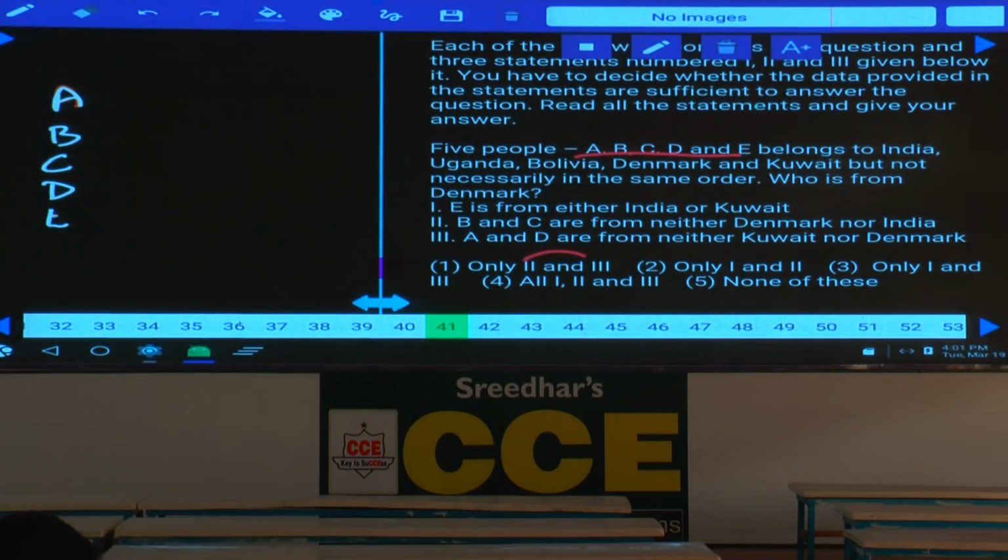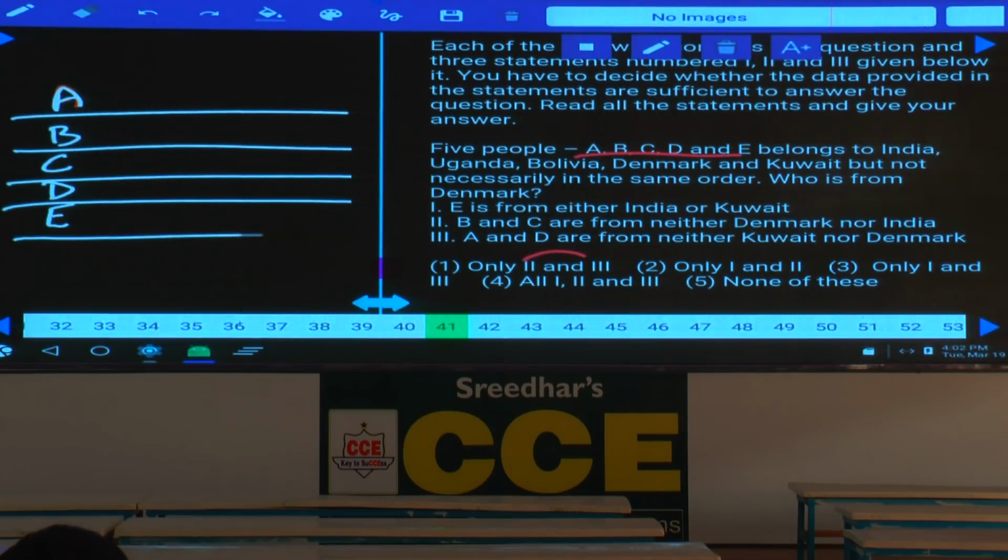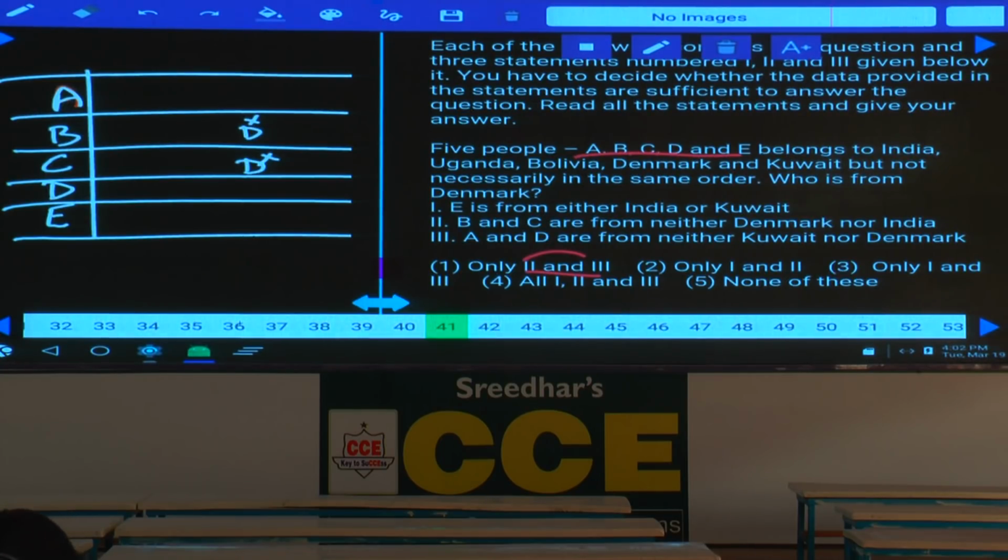In order to find the person from Denmark, tell me what statements are required. In choice 1, only 2 and 3, we need to combine these two. B and C are neither from Denmark nor India. Hence B and C cannot be from Denmark.